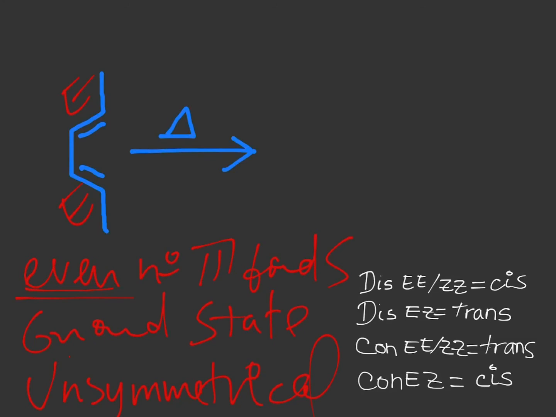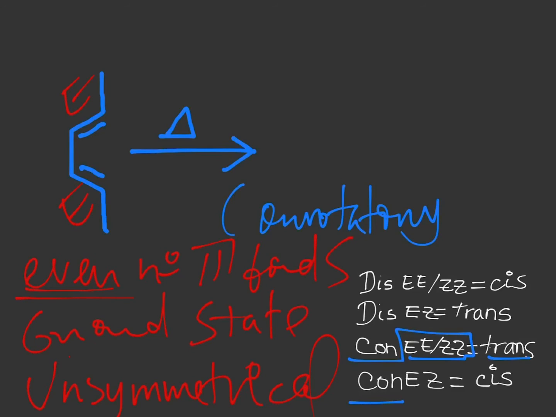Because it is unsymmetrical, it is going to be conrotatory movement, and we look at our table and we have conrotatory of an EE, and it should give us a trans.